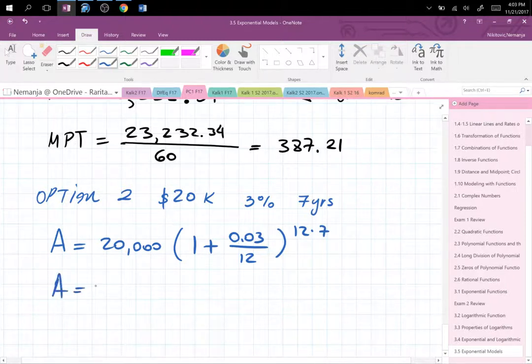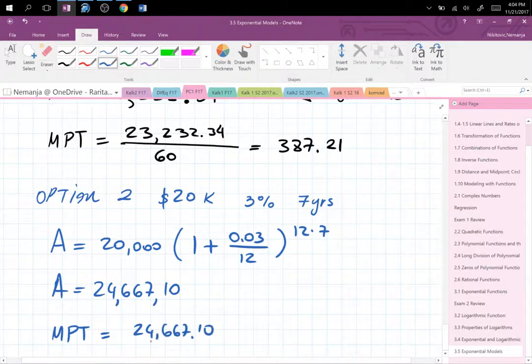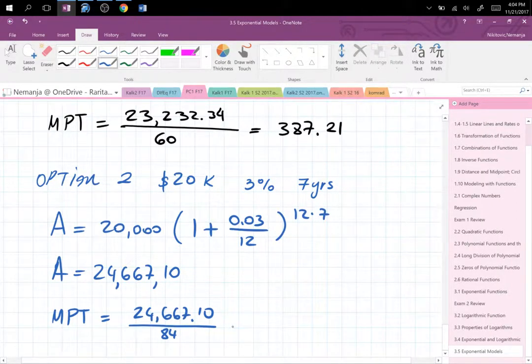So the amount is $24,667.10, and the monthly payment, dividing by 84 now, is less than 300 bucks. Yay! $293.66. So, wow!